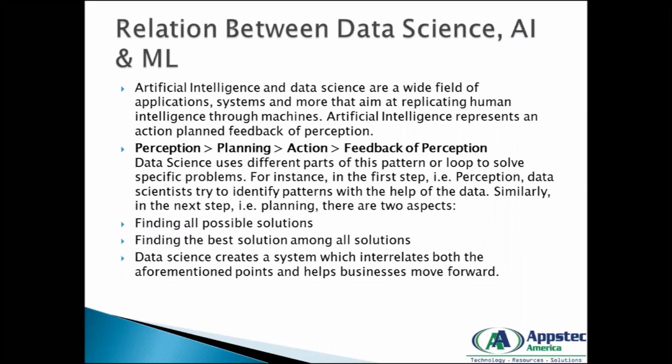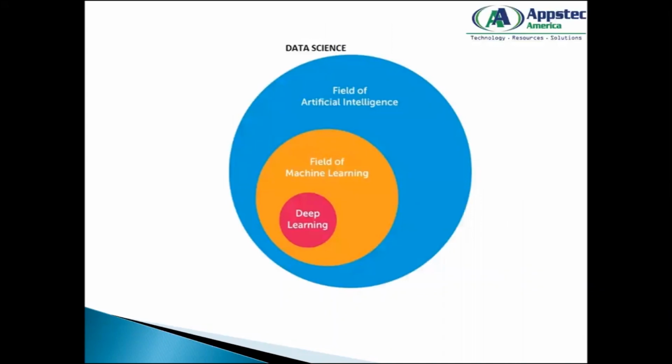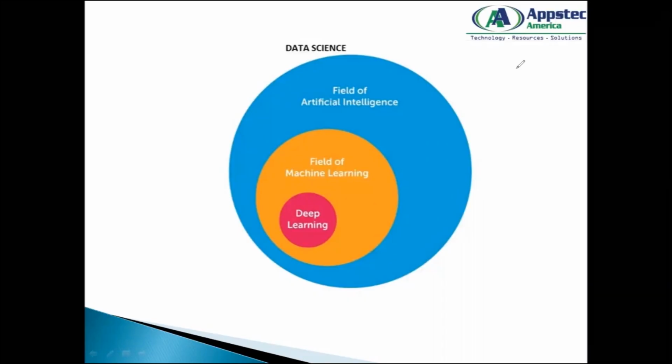So today we're going to talk about a very important aspect. I'll just move to the next slide and then come back. People generally confuse these three domains: data science, artificial intelligence, and machine learning. This diagram will clarify it if you have a similar doubt.